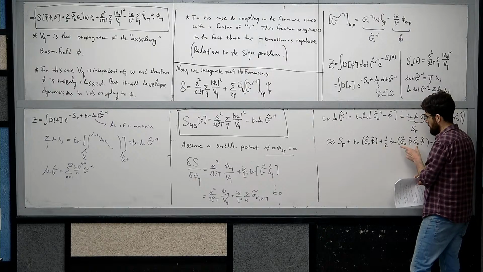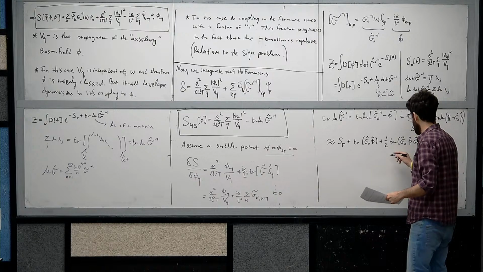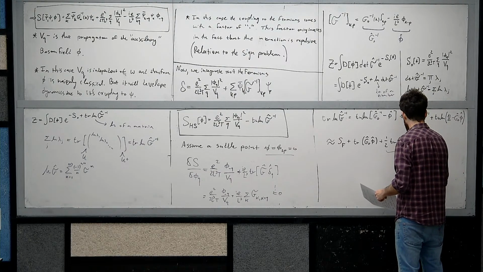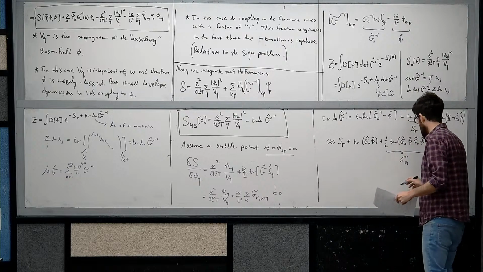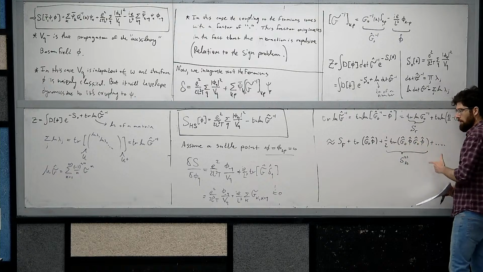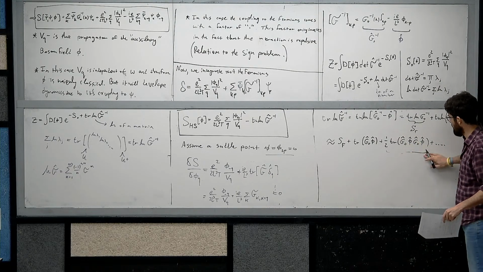It's kind of straightforward. Let's jump to this guy. So I'm going to call this S2 Hubbard-Stratonovich. It's the Hubbard-Stratonovich action expanded to second order in phi. Actually, I'm not going to denote it like that.